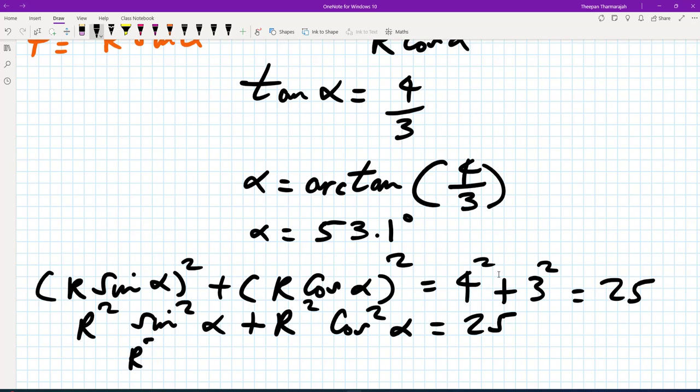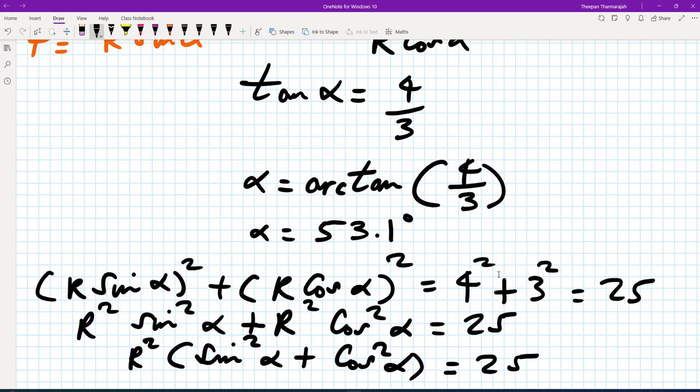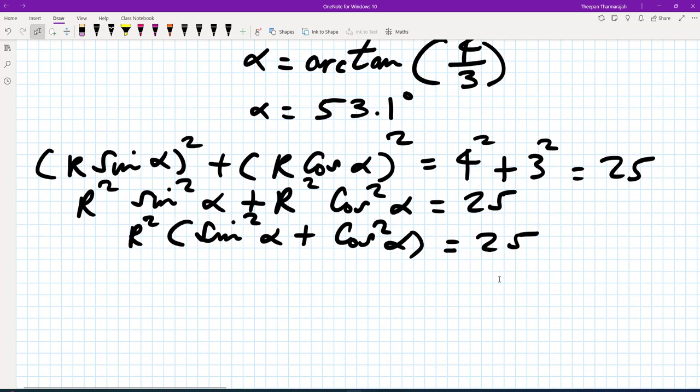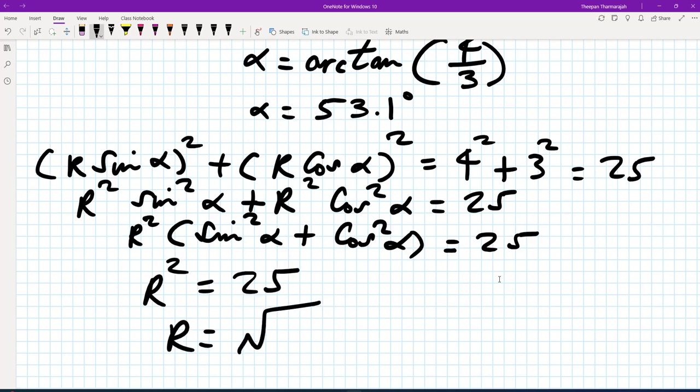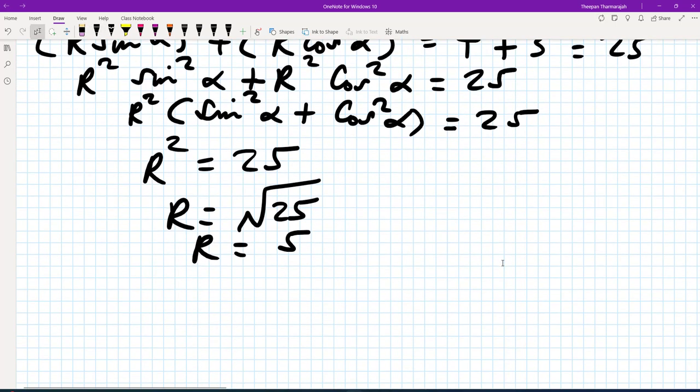So r squared (sine squared alpha plus cos squared alpha, which we know is 1) is equal to 25. So we can say r squared is equal to 25. r must be the square root of that. r is 5.